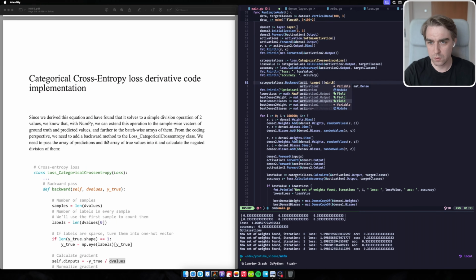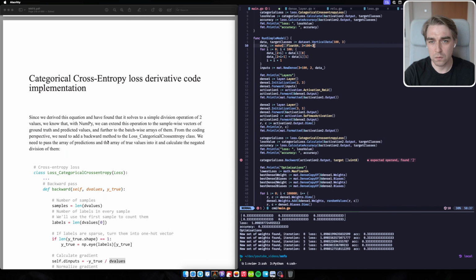So I think it's an activation to output, and here we need the target classes.